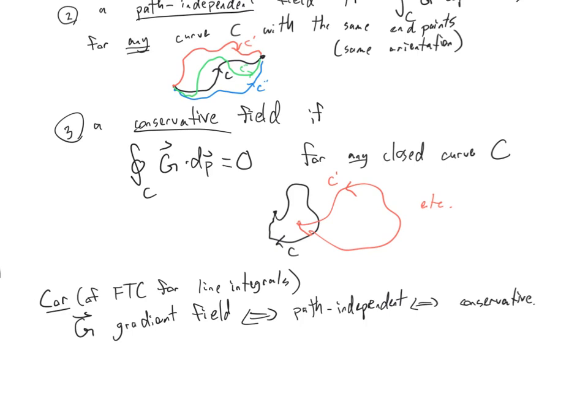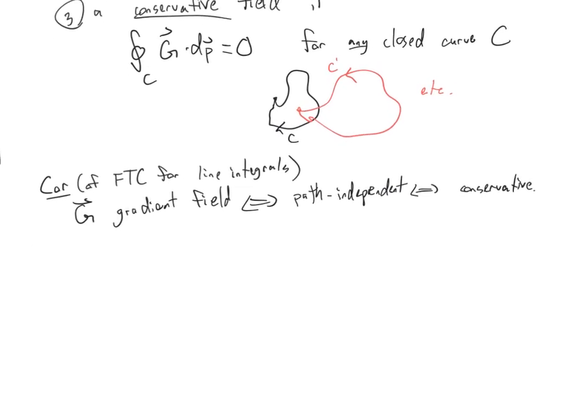So why does this make sense? We've already seen that the first two imply each other from the fundamental theorem of calculus directly. If G is a gradient, then G is the gradient of a potential f.